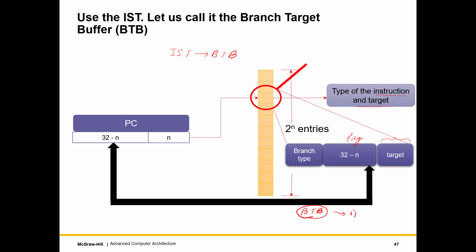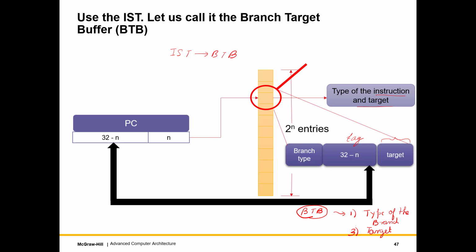It solves problem 1, which was the type of the branch, and it solves problem 3, which was finding the target. Along with the type of the branch, we also store its target. Anytime we see a branch, we record its target over here.